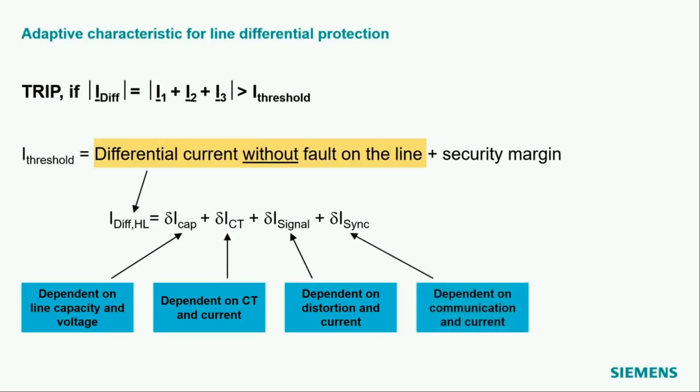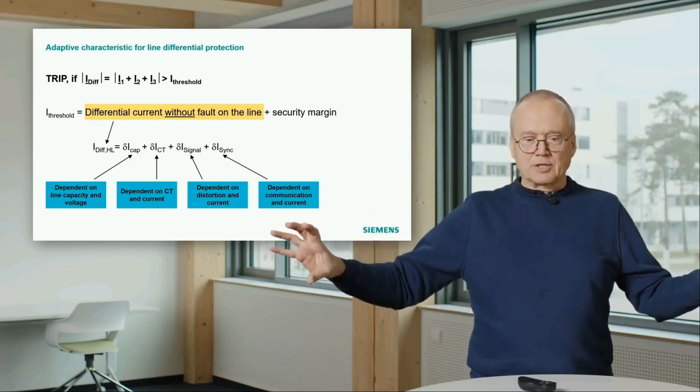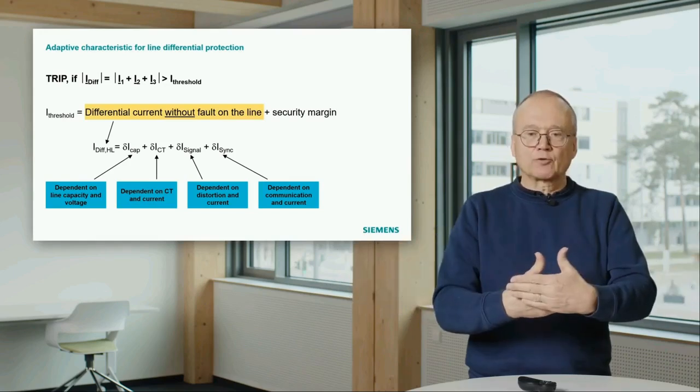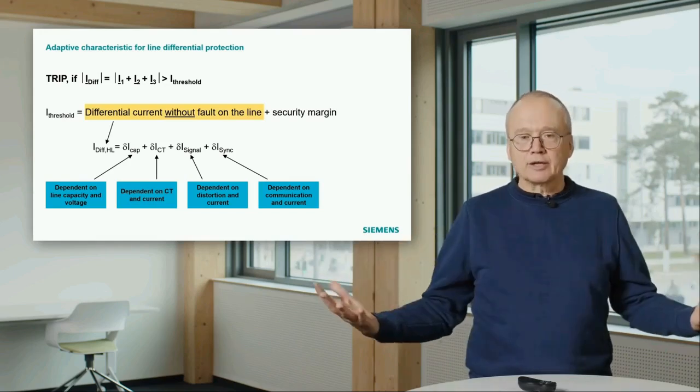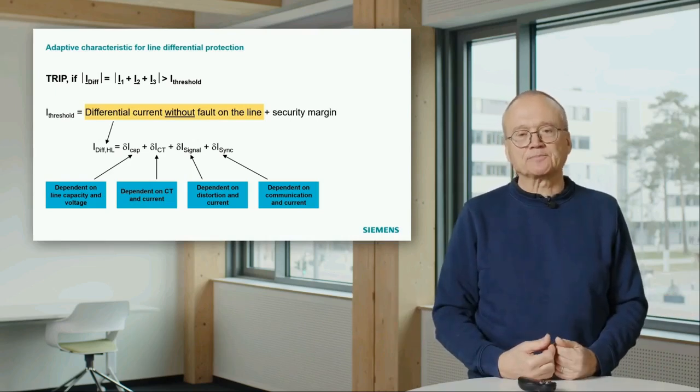And there is a last thing which is especially required for line protection. Line protection has to measure the currents on both ends of the line, and these values have to be exchanged via a communication. And this communication can have some delay.